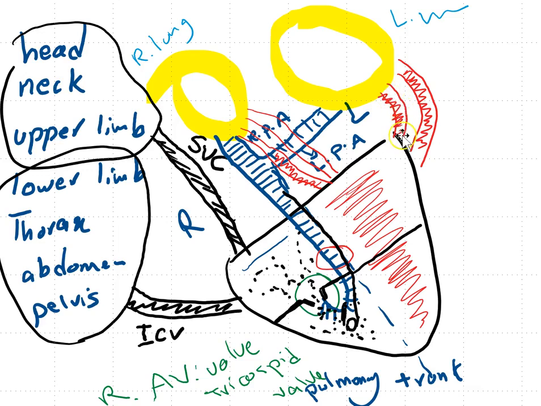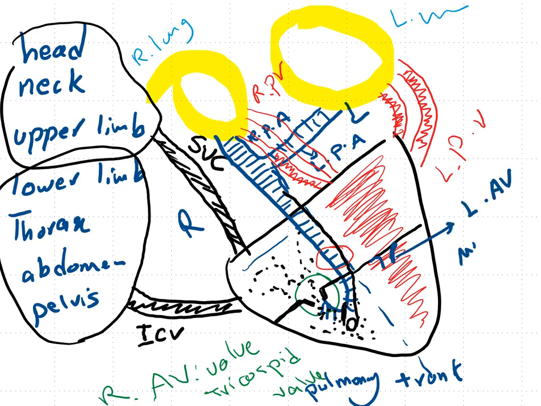This is the vessel bringing blood to the heart, so we call it a vein: the pulmonary veins, left and right. As you can see, four pulmonary veins from the lungs bring oxygenated blood to the left atrium, and between the left atrium and left ventricle there is a valve. We call this valve the left atrioventricular valve, or mitral valve, or bicuspid valve.